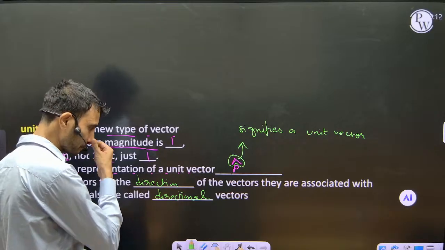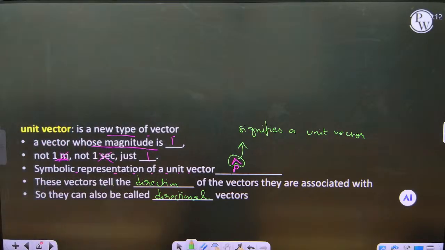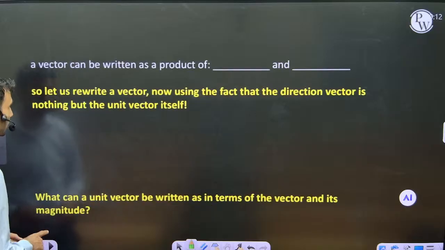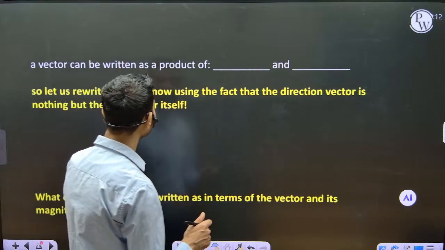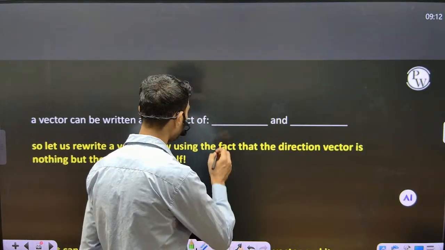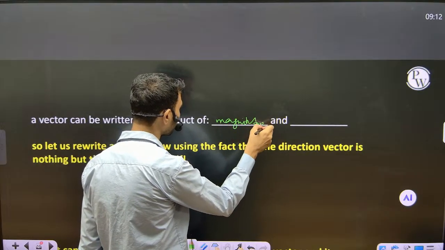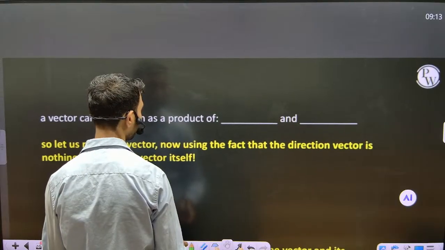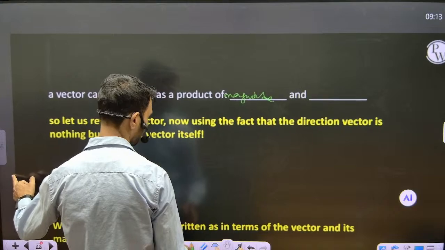Right, now let's go ahead. Now vector can be written as a product of, we already saw, magnitude and direction.